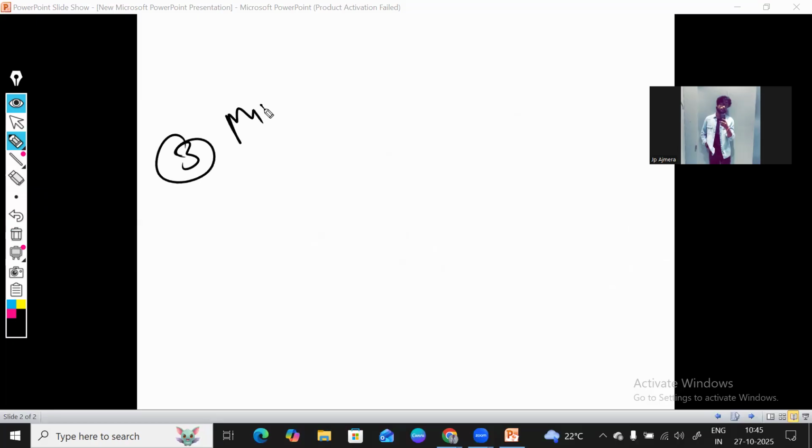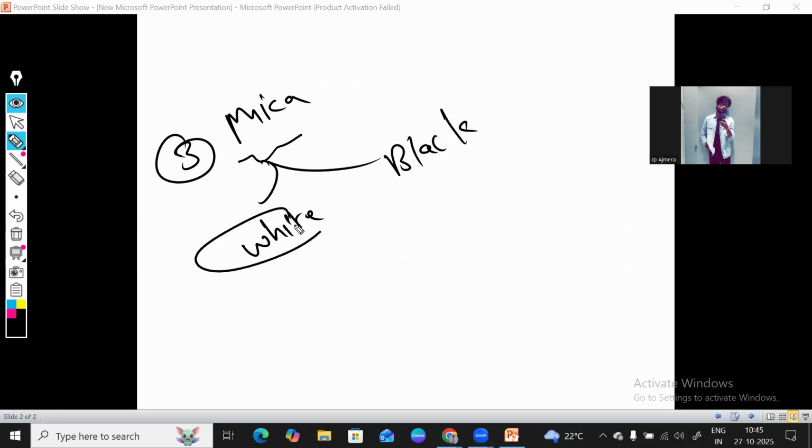That is mica, and the last one for the day. So what about mica? There are two types of mica: white mica and black mica. White mica contains potash. Potash means potassium.